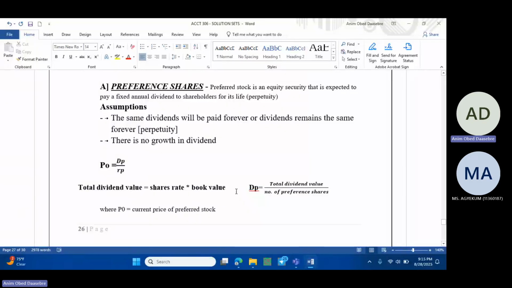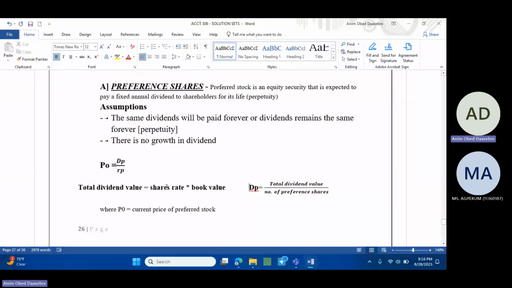So to find the preference share dividends, you first have to get the total dividend in annual terms.